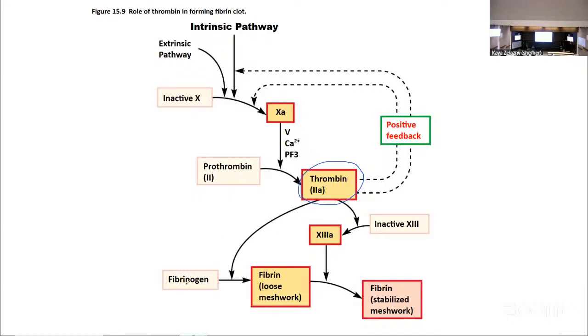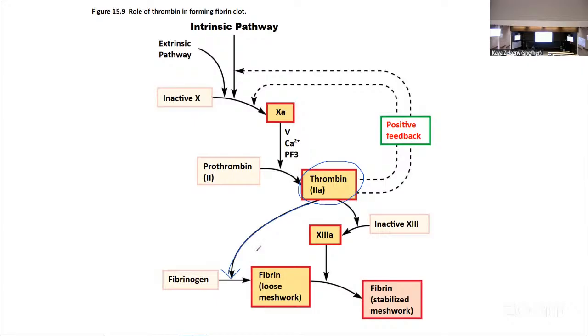Our next most important thing to remember, other than fibrinogen to loose fibrin to stable fibrin, is thrombin, because thrombin is key to both the initial conversion of the fibrinogen and also its stabilization. So you can see this direct role it plays, right? Its direct role here is that thrombin is the clotting factor that turns fibrinogen into fibrin.